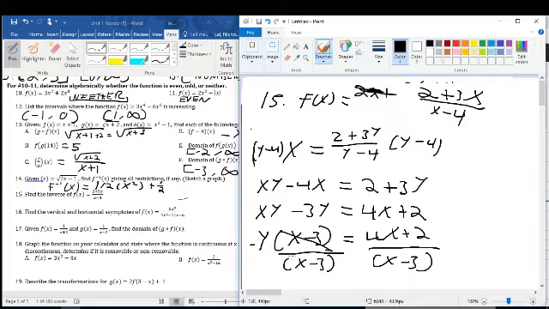This cancels out. So the inverse of the function is y is equal to 4x plus 2 over x minus 3.